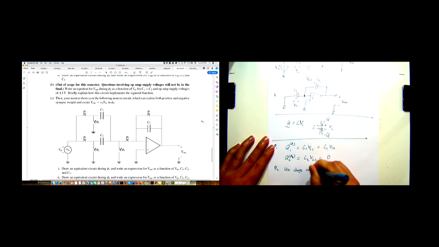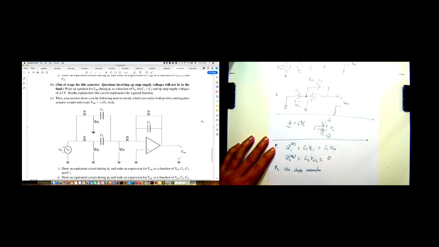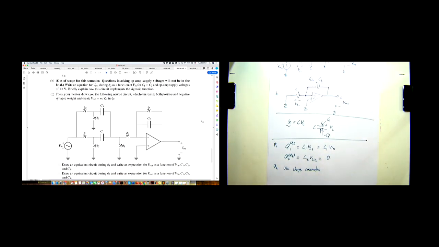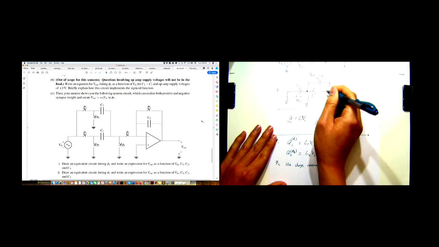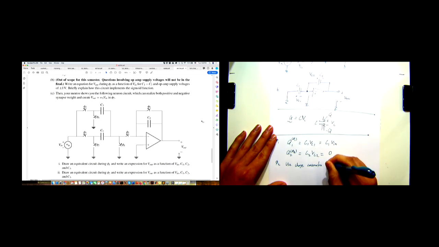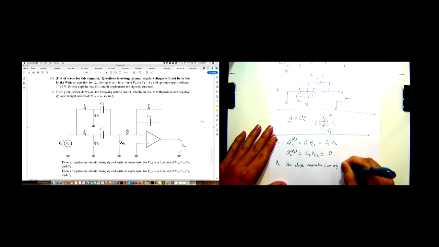Charge conservation can only be used at nodes that are not connected to ground or any voltage sources.